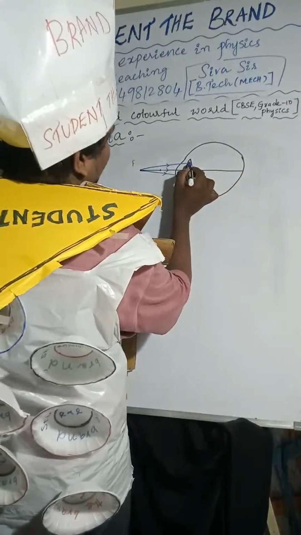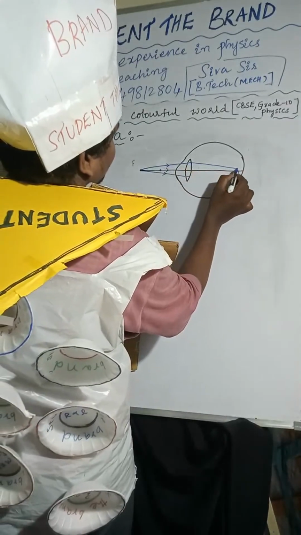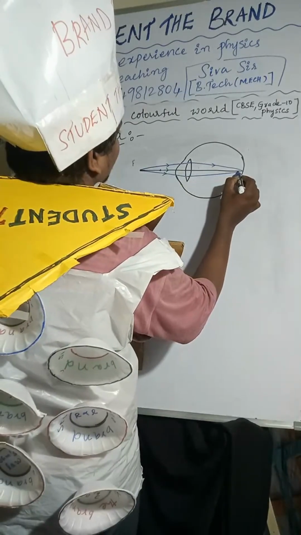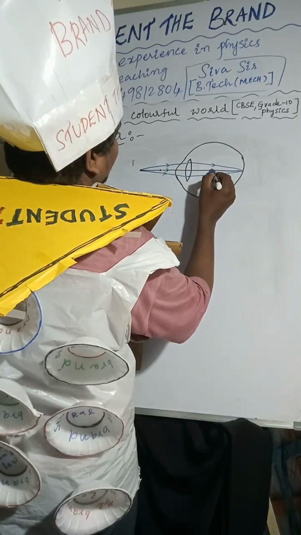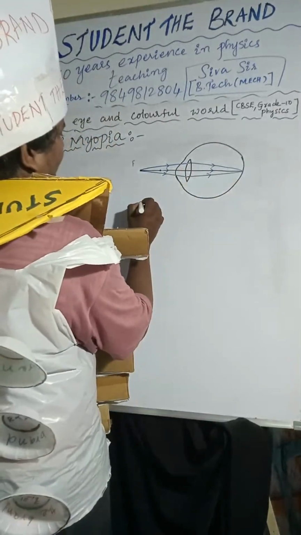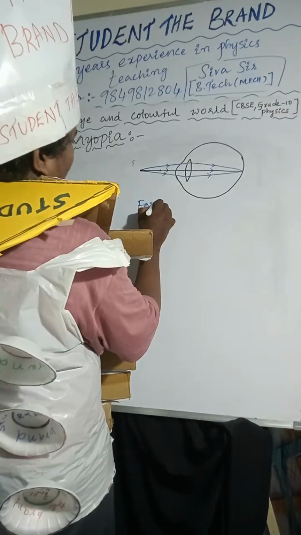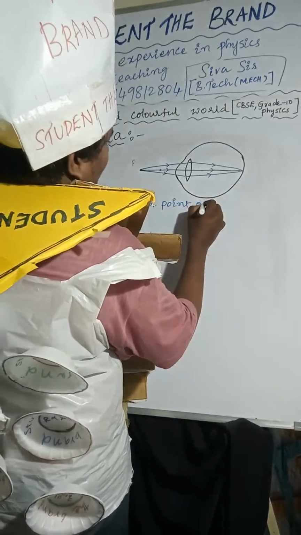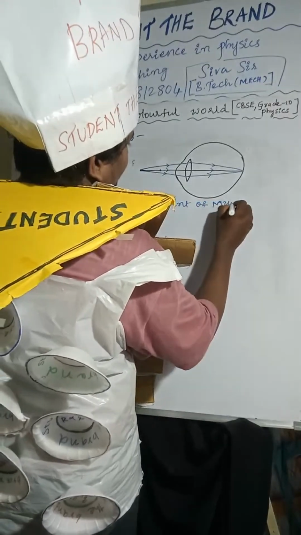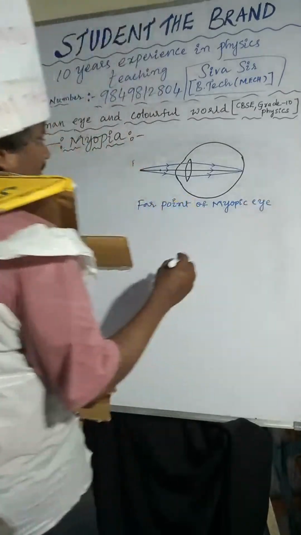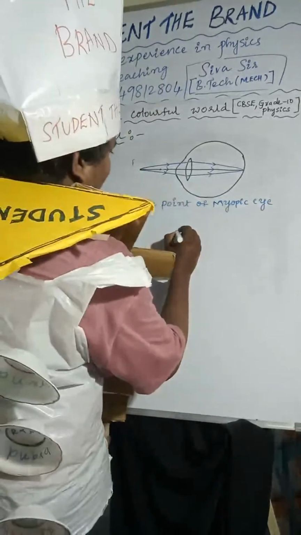After converging, those light rays will meet here. So this is a far point of myopic eye. Next diagram I'll draw.